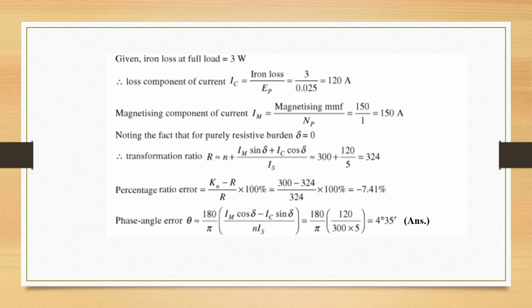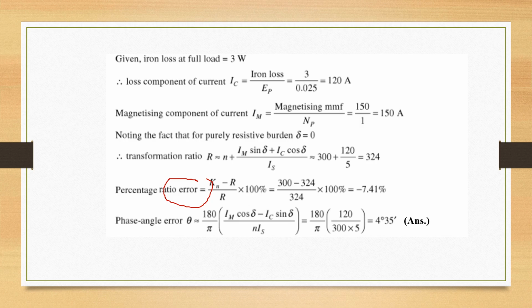We all know the value of ratio error, that is the nominal ratio minus the actual ratio. Nominal ratio we find from the ratio of primary current to the secondary current. Here it is given in our question, iron loss is 3 watt.